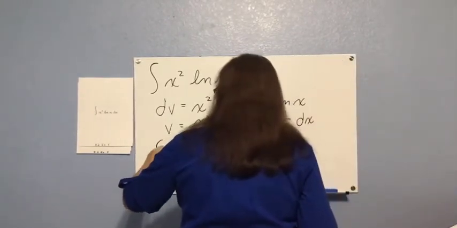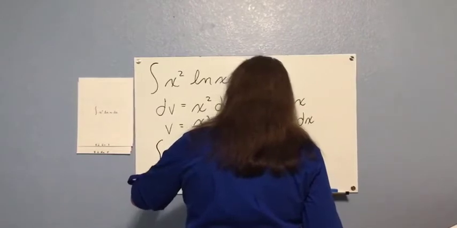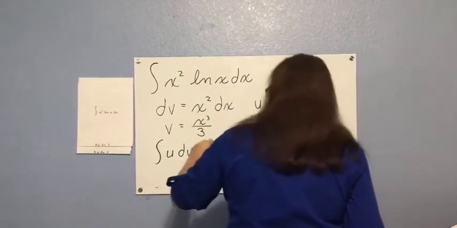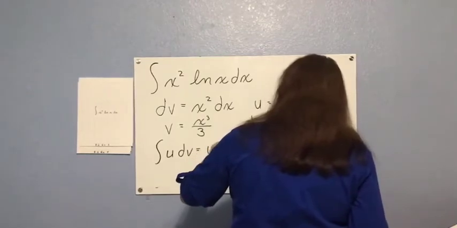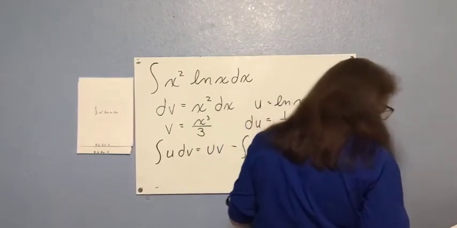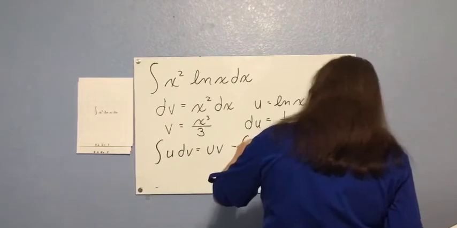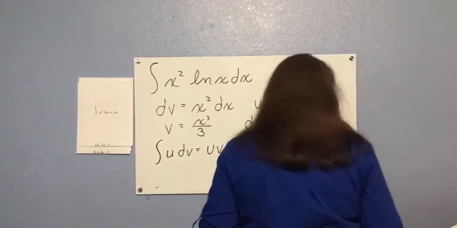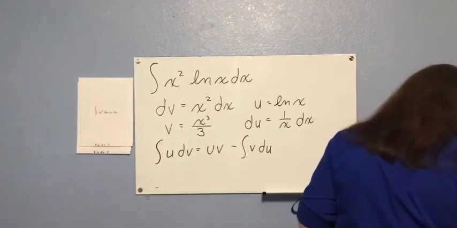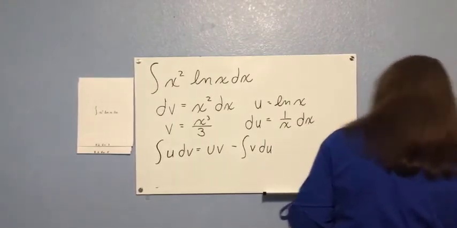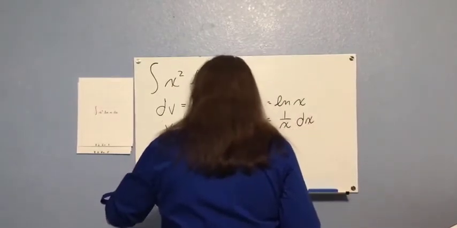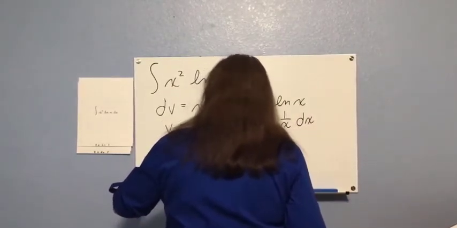So we're going to have the integral of u dv equal to uv minus the integral of v du. Now let's substitute in the things that we know. This is just going to be our beginning statement again.